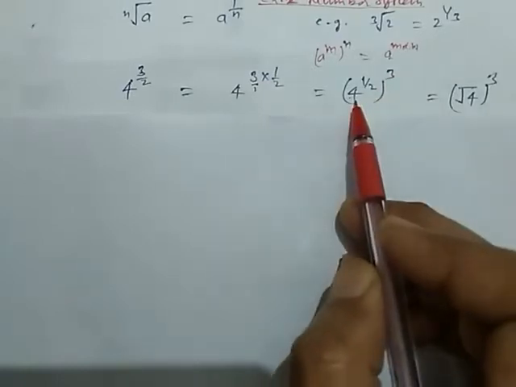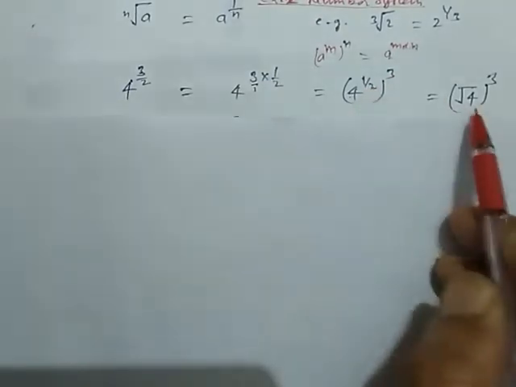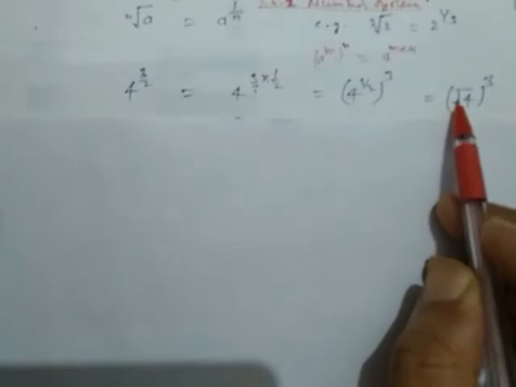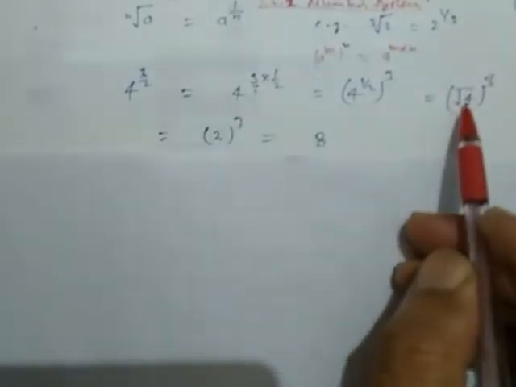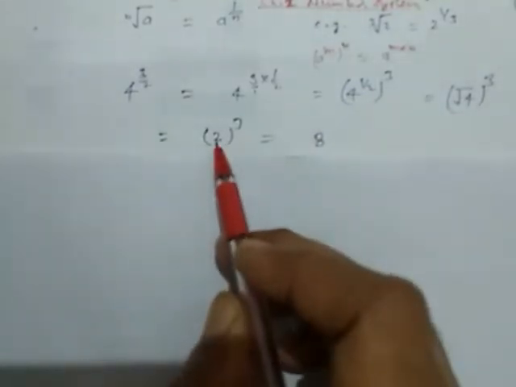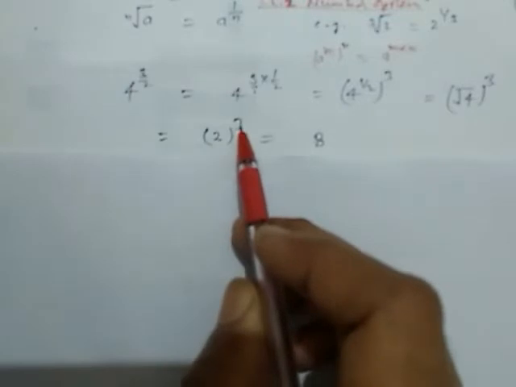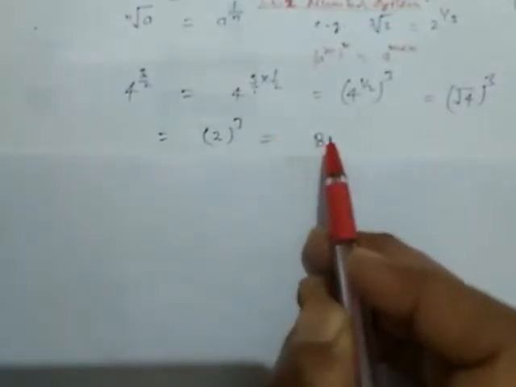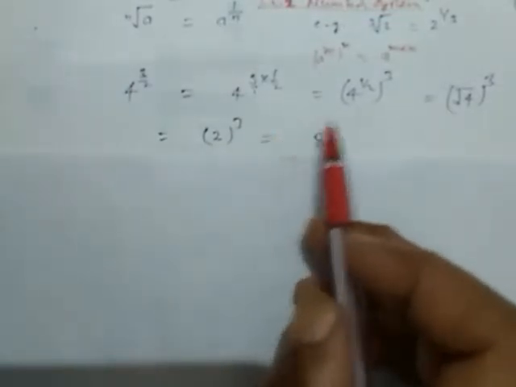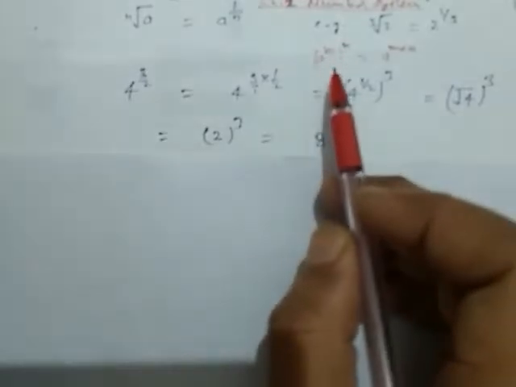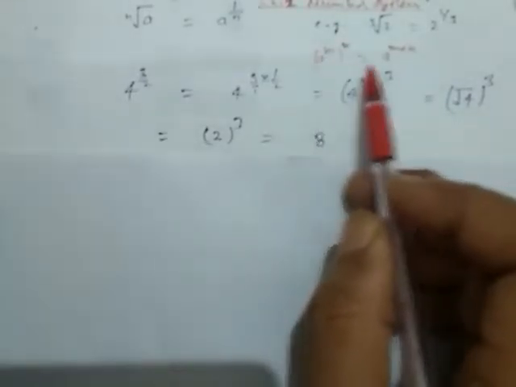Now 4 power half means root 4 whole cube. Square root of 4 is 2, so 2 power 3 means 8, 2 into 2 into 2, that is 8. This way we can solve this type of question, by using the identity of power and exponent.